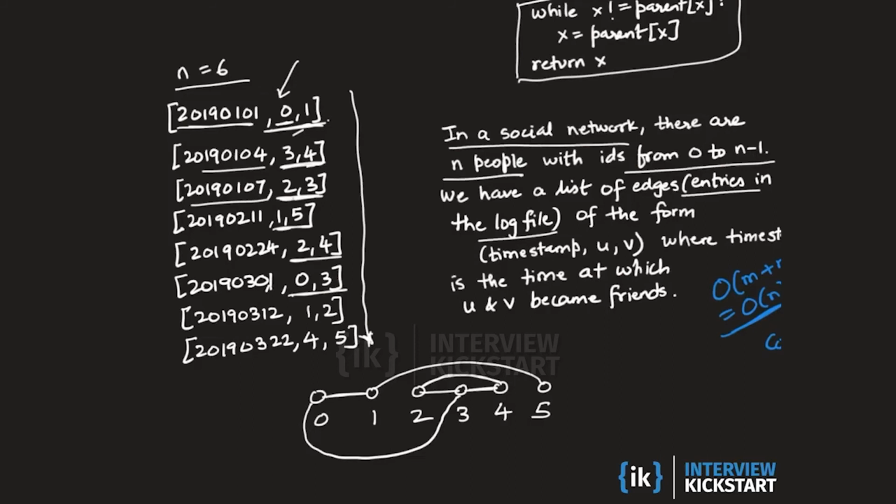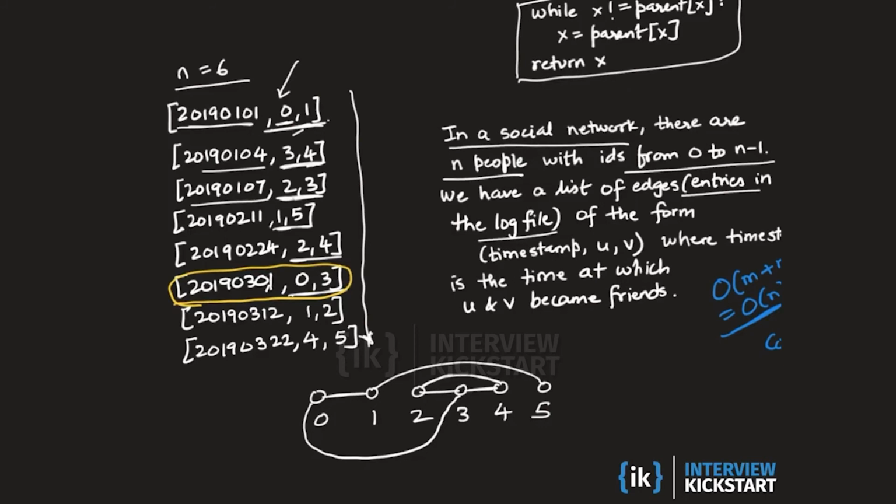Maybe the number of connected components at the end is more than 1, but if it does become 1, we want to find the earliest time point at which that happened. And as you can see here in this example, that earliest time point is basically this time point when 0 and 3 got linked to each other, reducing the number of connected components in this graph to 1.